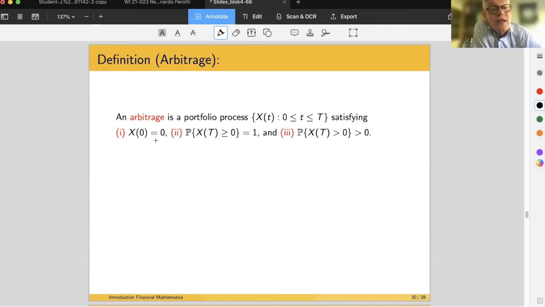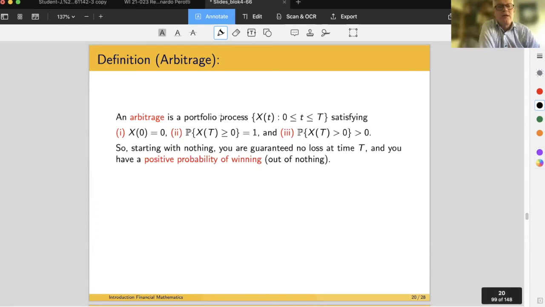So we start with nothing, and the probability that we have nothing or more is 1, and the probability that we have more than nothing is greater than 0. And that is an arbitrage opportunity. So starting with nothing, you're guaranteed no loss at T, and moreover, you have a positive probability of winning out of nothing.